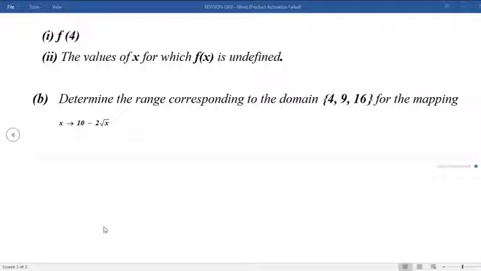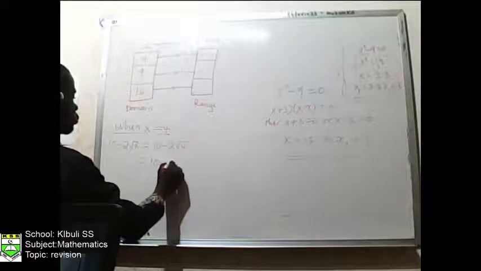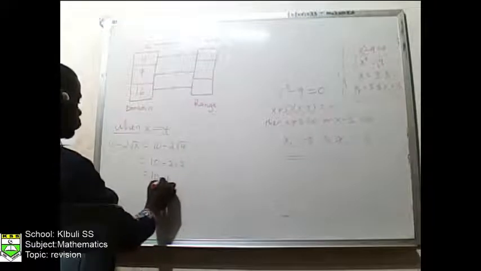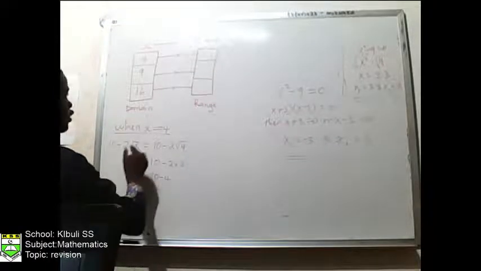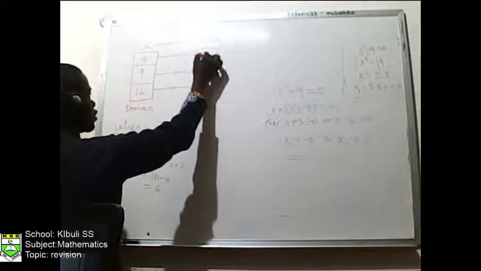I'm just substituting where there is x, putting there 4, in this expression. So this is going to be 10 minus 2 times 2, which is 10 minus 4, and the answer will finally be 6.